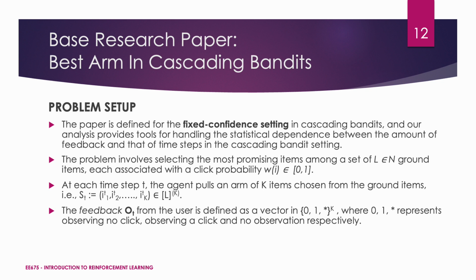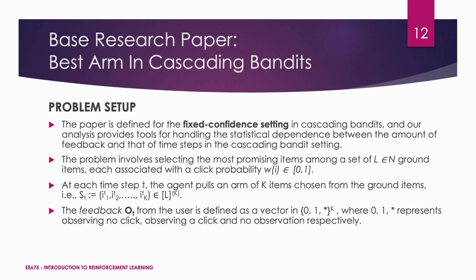In the Cascade BAI algorithm, the paper delves further into the fixed confidence setting within the Cascading Bandits framework, particularly addressing the statistical dependencies between feedback and time steps. This setup entails selecting the most promising items from a list of L ground items, which are each associated with a click probability.